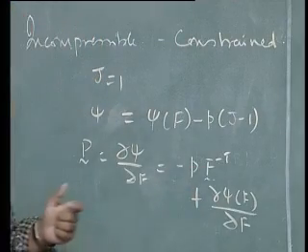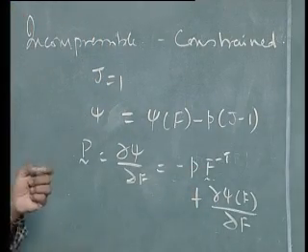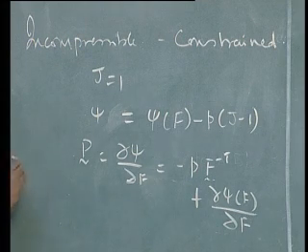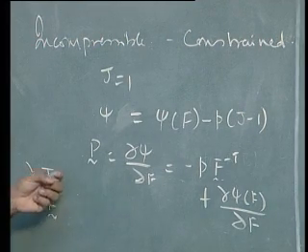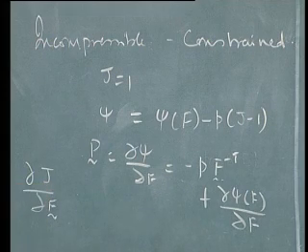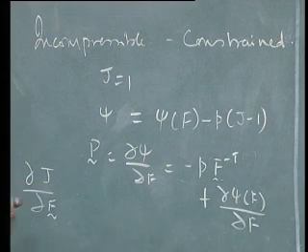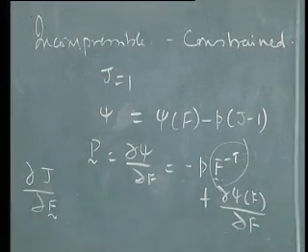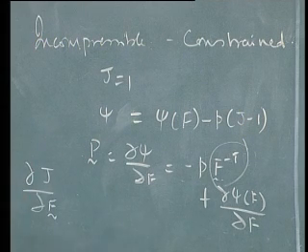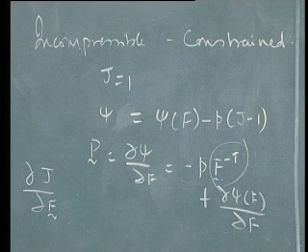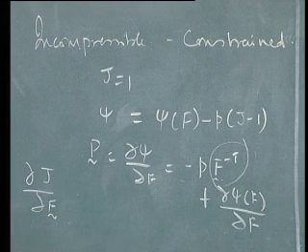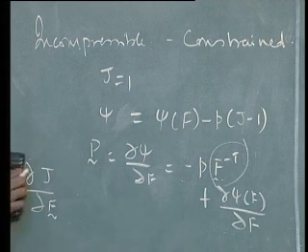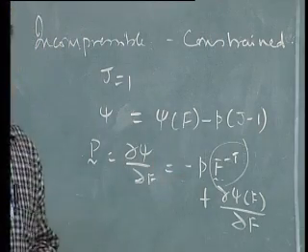Please also note that dou of J by dou F, where J is a scalar quantity and F is a second order tensor, results in a second order tensor. It's very important. When I differentiate a second order tensor with a second order tensor, the result will be a fourth order tensor and so on. Obviously, because dou J by dou F 1 1 you can write, 2 2 you can write, and so on, you get F inverse transpose.